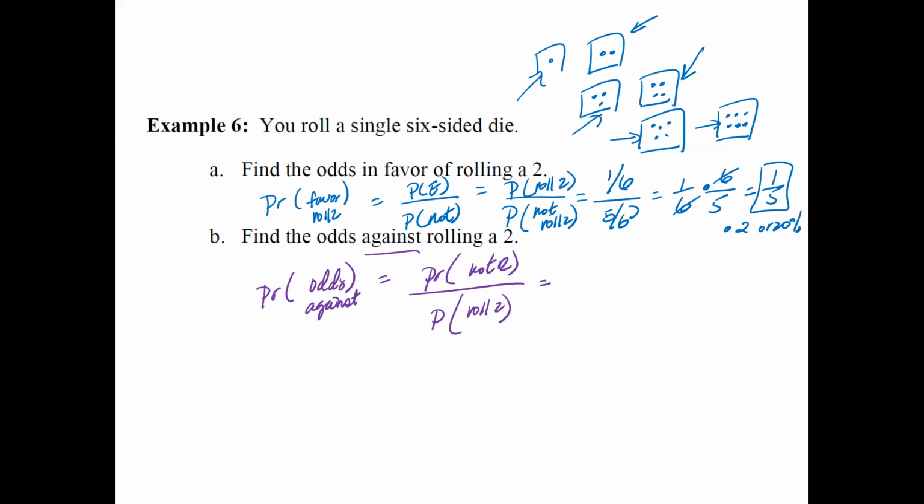So in that case, not rolling a 2 is 5 over 6 divided by rolling a 2 is 1 over 6, which is going to be 5 over 6 times 6 over 1, which is 5, because the 6 cancels.